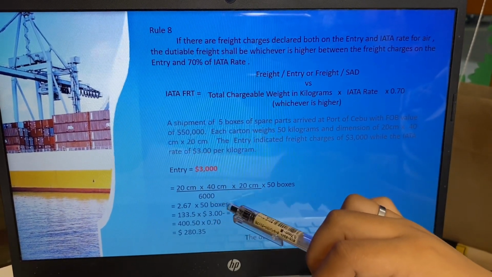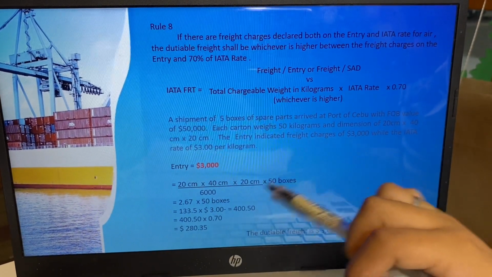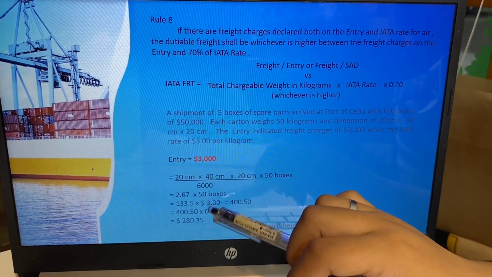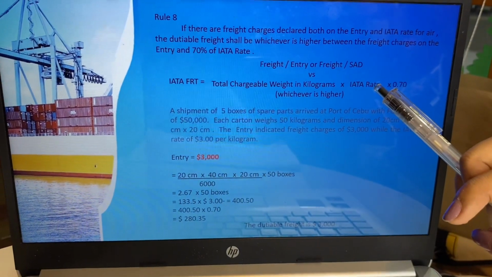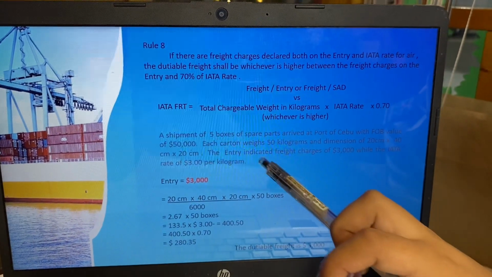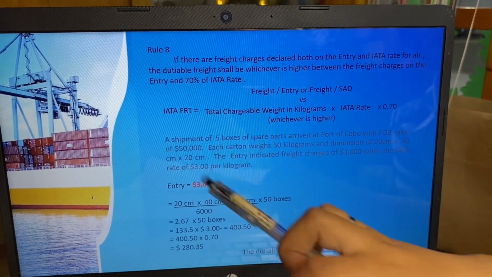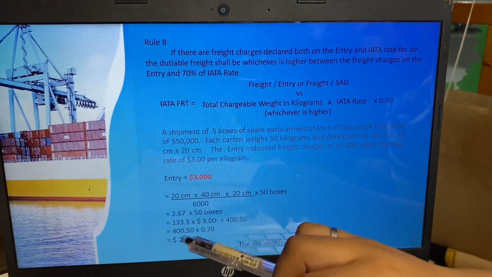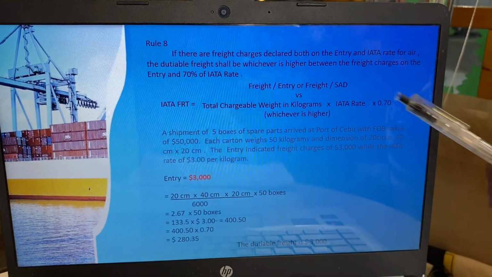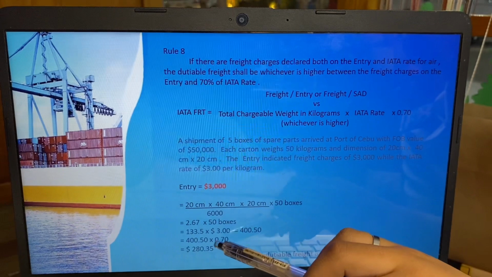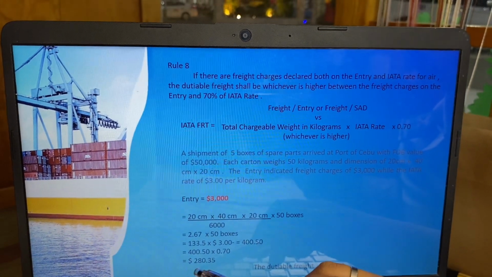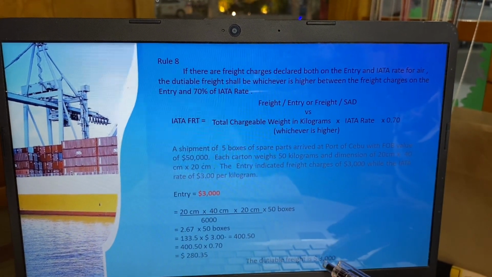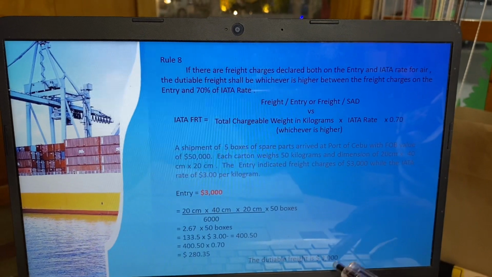That would be 2.67 times 50 boxes, which is 133.5, times 3 for the IATA rate of $3. You would get $400.50. And then you're going to multiply it again by 0.70, which would be $280.35.